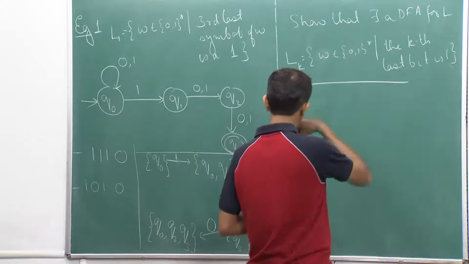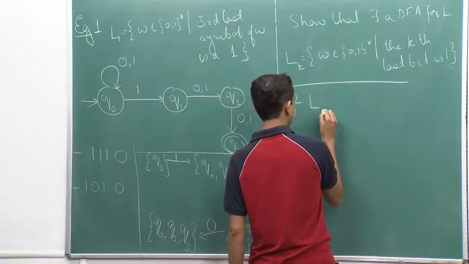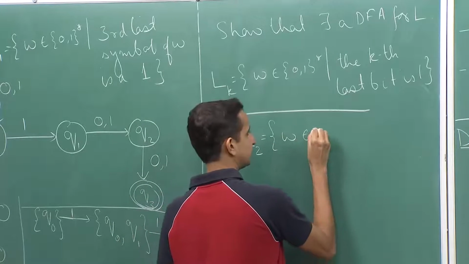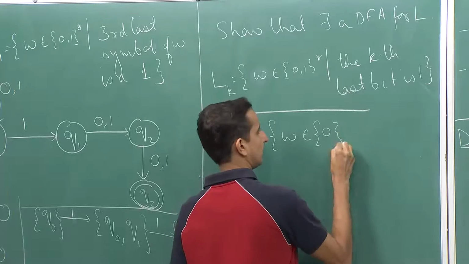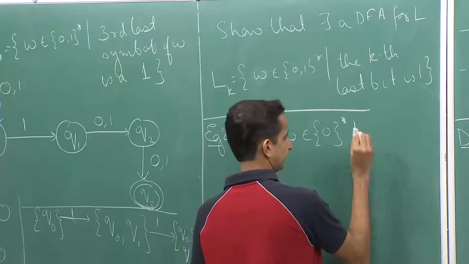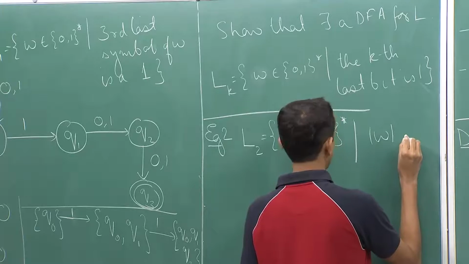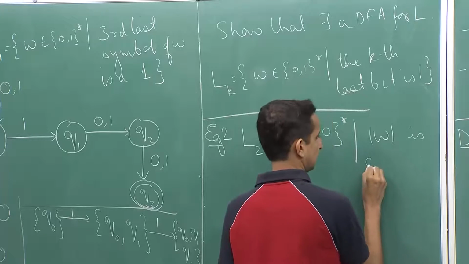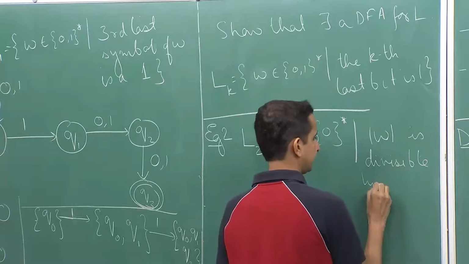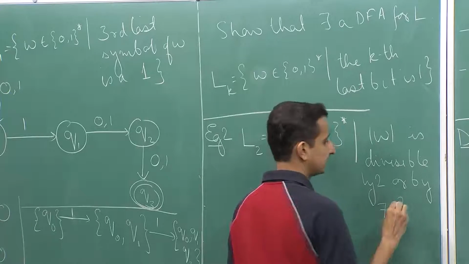So, let us look at another example. This time we will look at a unary language, a language over just one alphabet. Let's look at the set of all strings over a single alphabet 0 such that the length of w is divisible by 2 or by 7.